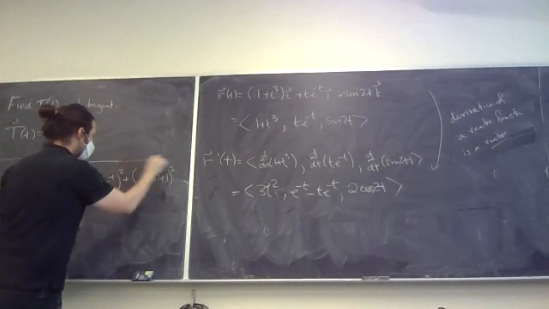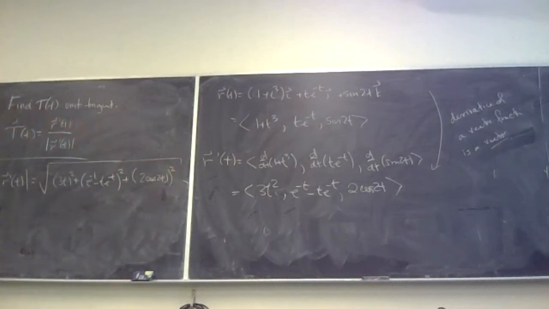Then you don't simplify anything, don't work anything out. In a problem like this, you just leave it. That's okay. It's the length of r prime right there.